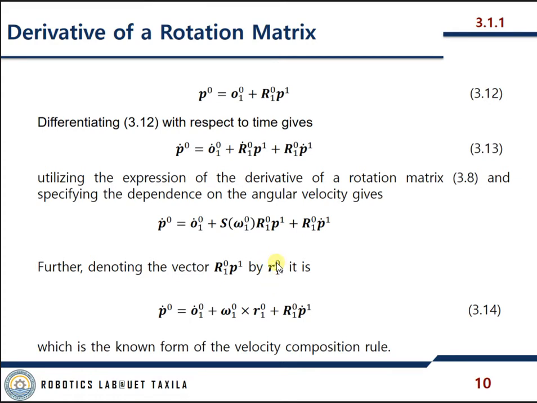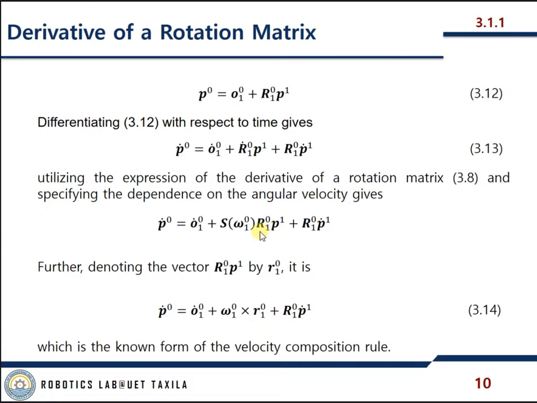You can consider this as some sort of radius, some sort of vector r, which is actually a vector in frame 1 and is looked at from frame 0; just consider it R01. Then we can see this equation becoming equal to this one.